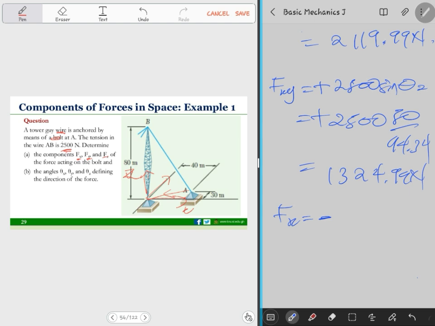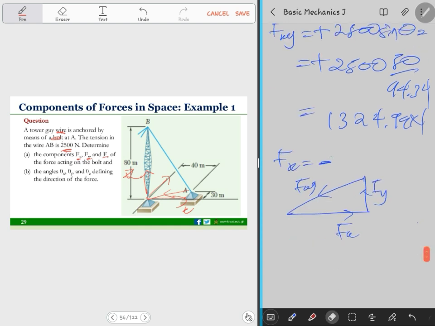Then again, it's a triangle, something like this, where here is the Fxy, this direction is the Fx, and then here will be the Fy. Now we're trying to find the Fx. Let's bring it down, then we find the Fy later. So Fx, we know it's in the opposite direction, so negative.